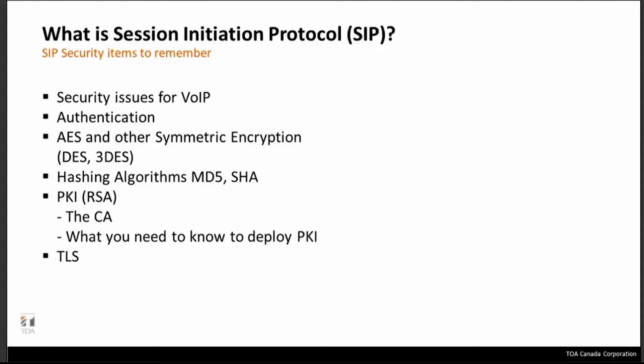Once we deploy these technologies, we make sure our endpoints or devices, which are user agents or SIP devices, understand these protocols. If not, most of the time the call will fail, and then you get a response.